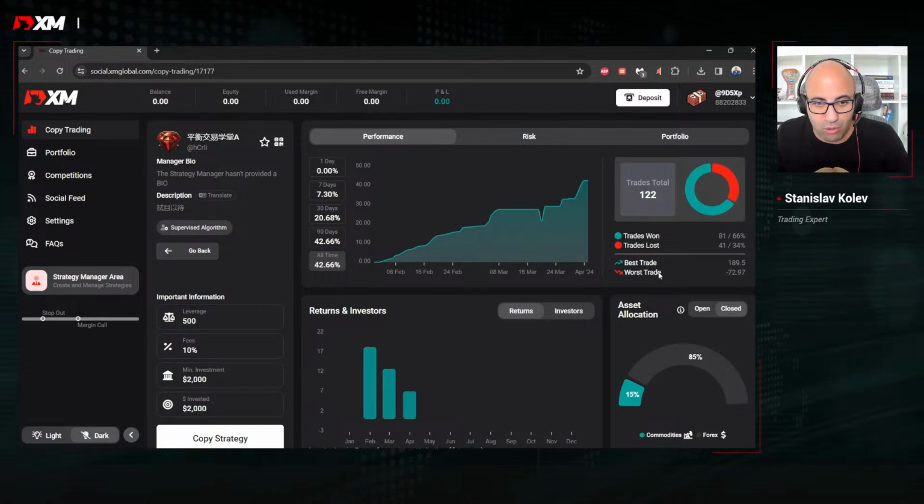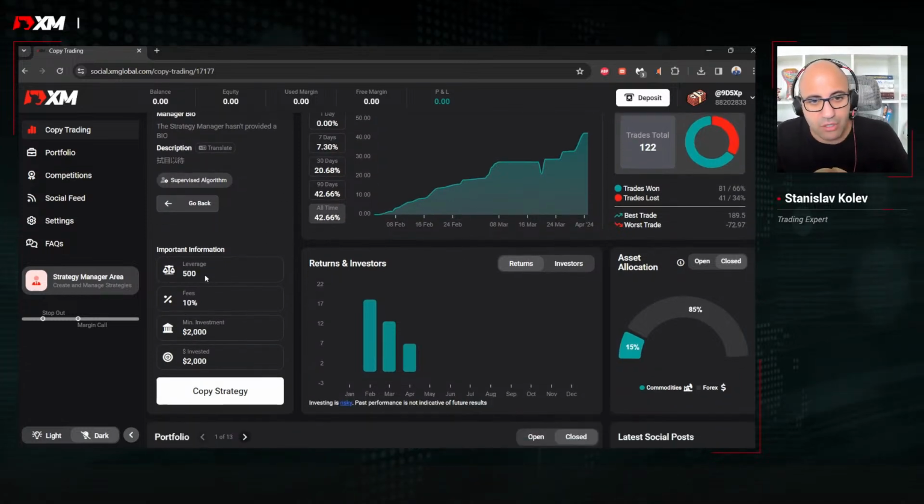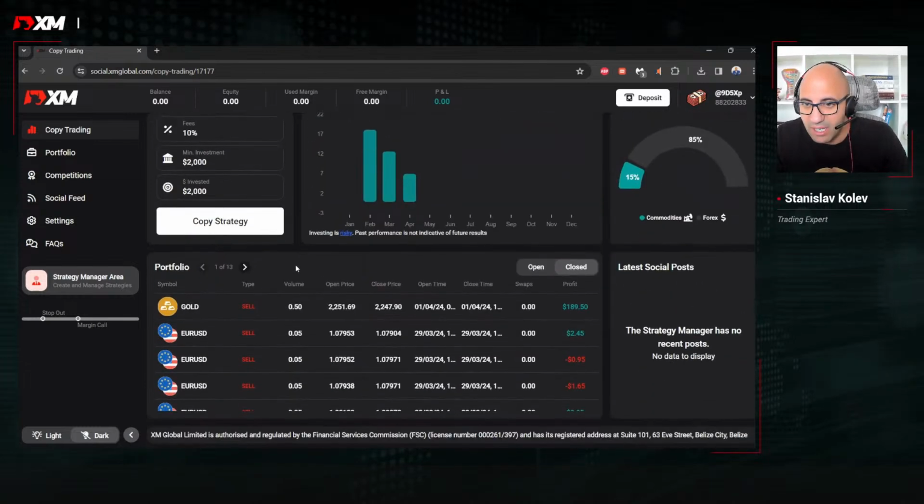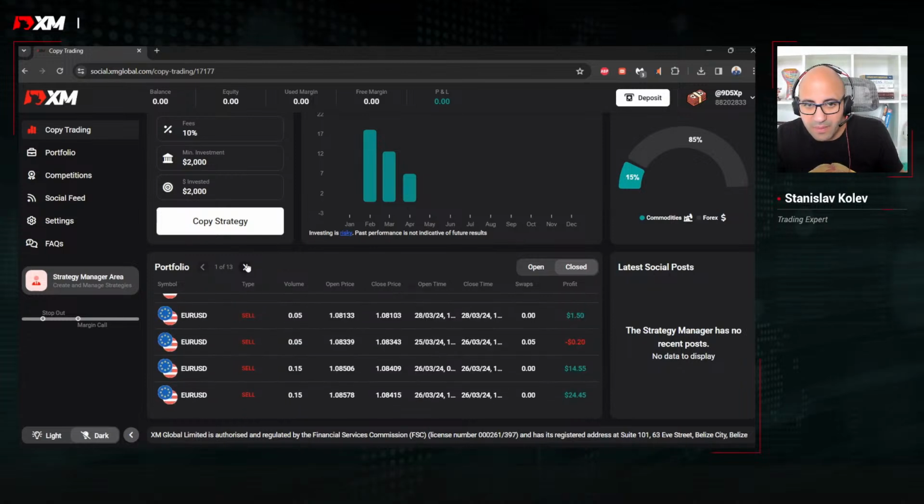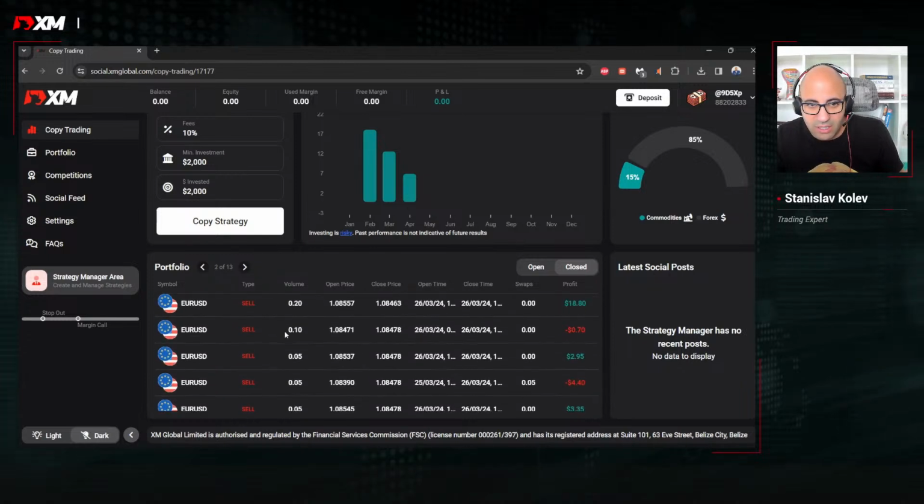You could also scroll down, you could see what type of leverage he used, the minimum investment in the account, which means that you will have to deposit at least $2,000 in order for you to be able to copy this particular person. We also have seen the drawdown recently, and we got the open positions, he's mostly trading euro dollar as we see here, euro dollar, euro dollar, euro dollar.